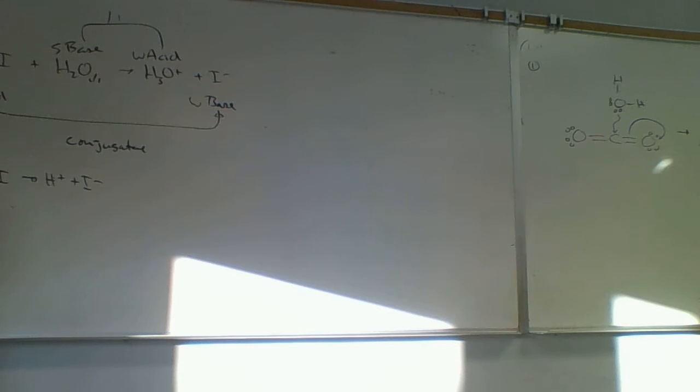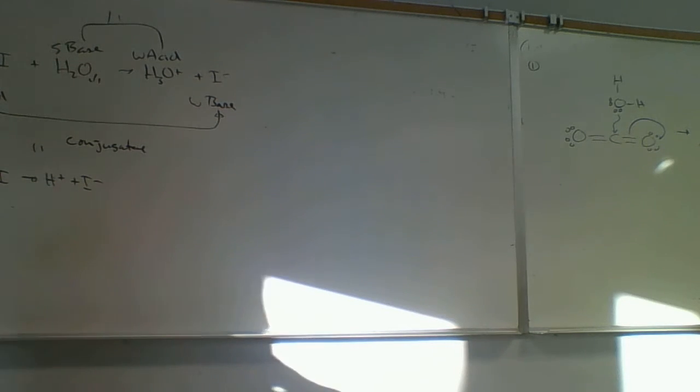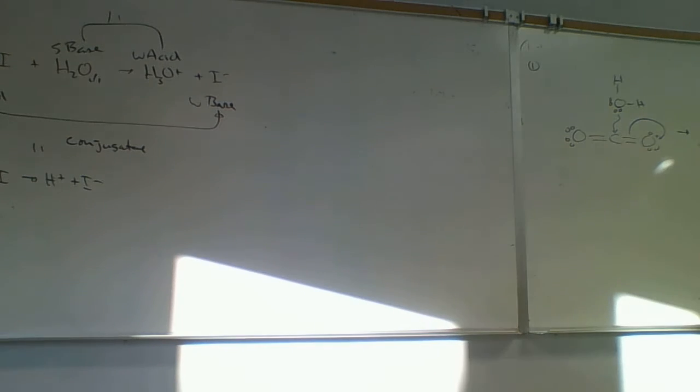This is what we call ionize. And so strong acids ionize completely. These two equations are the same thing. The reason they're the same thing is because H plus is very unstable. Does anybody remember what I said about H plus in the first week or two of school?